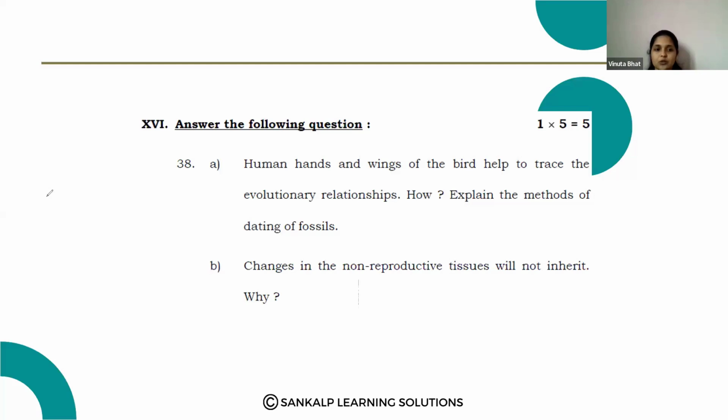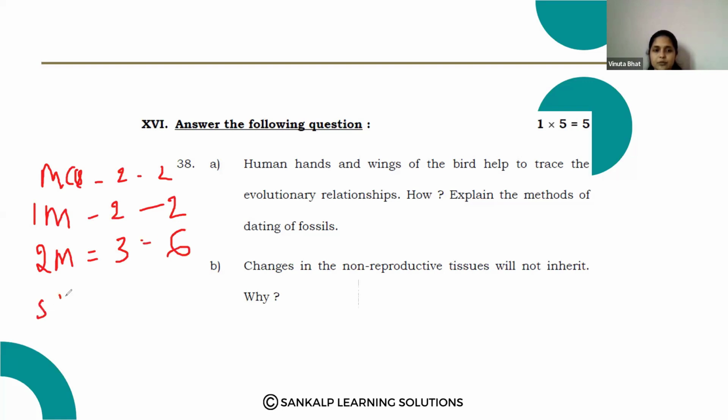In the biology section, you have solved MCQs, that is 2 marks, and 1-mark questions, then 2-mark questions, that is 3, total 6 marks, and 3-mark questions, that is also 3, that is 9 marks, and 4-mark questions, that is 1, that is equal to 4, and 5-mark questions, that is 1, that is equal to 5.